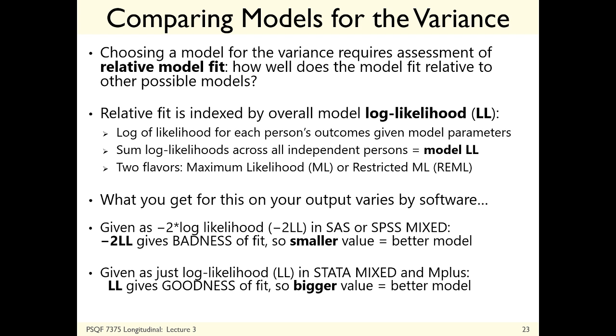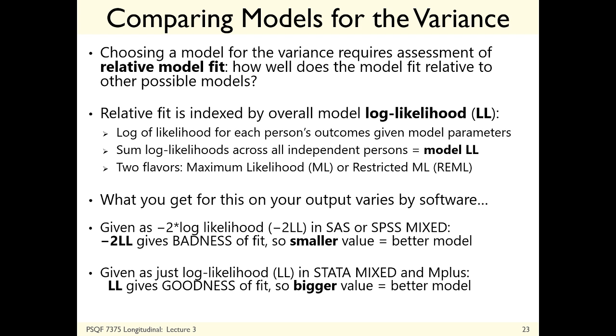Now to make things complicated, the difference in these heights is distributed approximately as a chi-square only if it is multiplied by -2. So because you're eventually going to have to multiply the difference by -2, some software packages make it easier on you, and they give you the -2 version of log likelihood instead. So this is where what you put into the likelihood ratio test varies by software package based on what they're giving you.